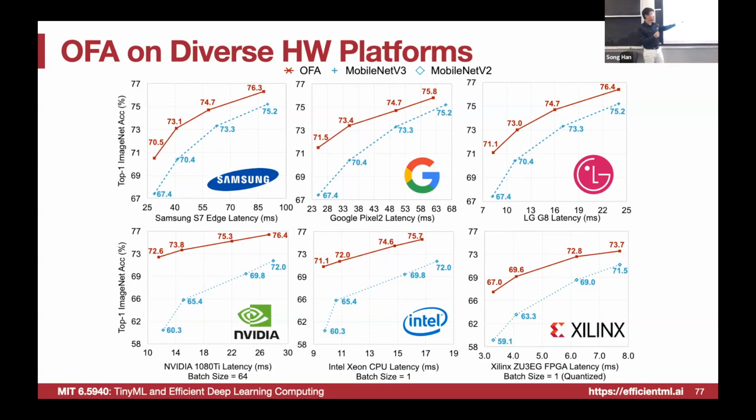Same 72.6 top-one accuracy. I was a little surprised because these days we are talking about 85 top-one accuracy. Only after 4 years, so much improvement has been made. With the same 72% top-one accuracy, the latency gets reduced from 28 milliseconds to only about 12 milliseconds. Pretty amazing speedup.